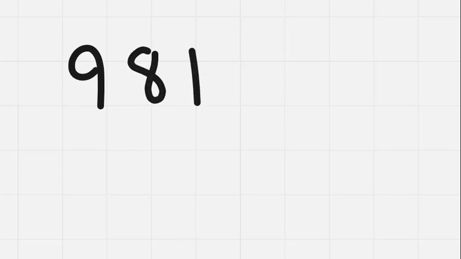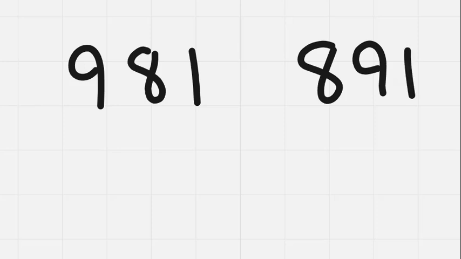Another example is looking at the numbers and the order they come in. Here we have 981 and 891. Both of these numbers have 3 digits, and both of these numbers have a 1, 8, and 9 in them. But it is different because they are in different place values.